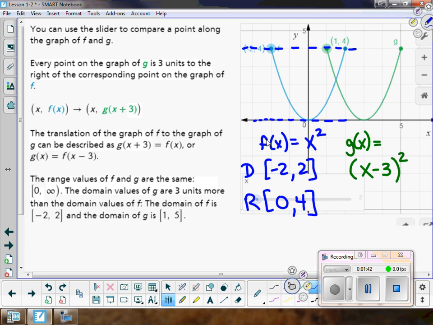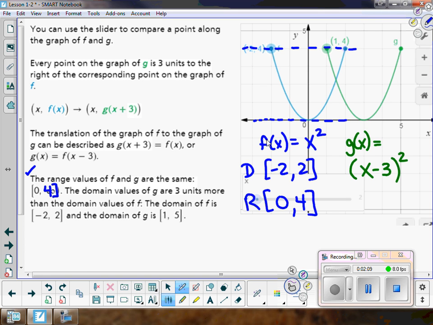They have the range here going from 0 to infinity, and that would be if we were looking at the entire parabola. If it kept going upward forever, I would agree that it goes to infinity. But since they're stopping the domain at -2 and +2, I think we have to cut off the range at 4. That's going to be the maximum that it reaches.